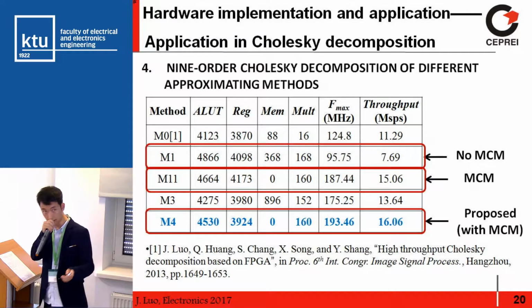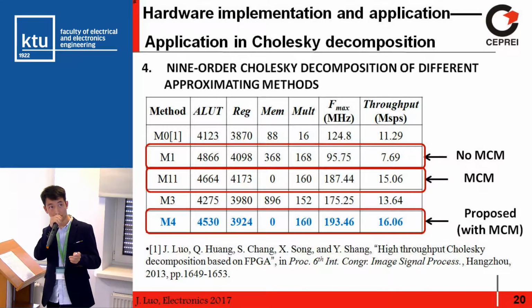And this is the 9-order Cholesky decomposition. The result is listed here, and we can see from this table that when you use the MCM technique, it can give a performance improvement.